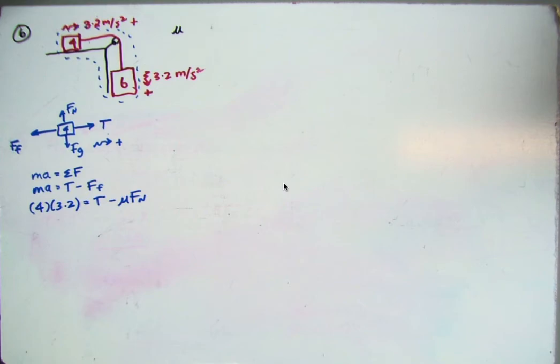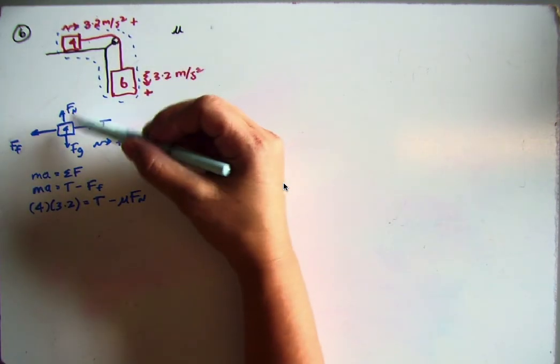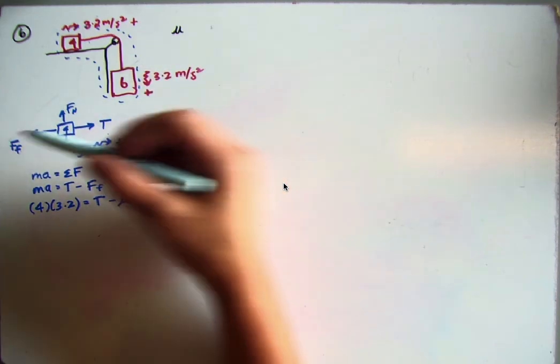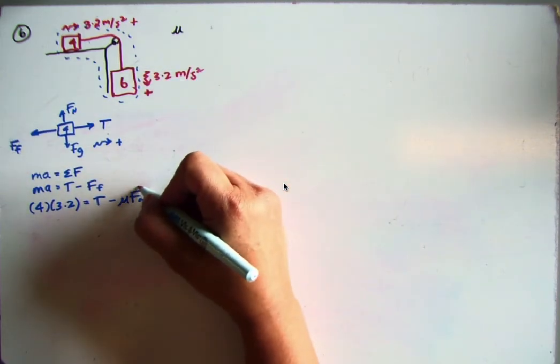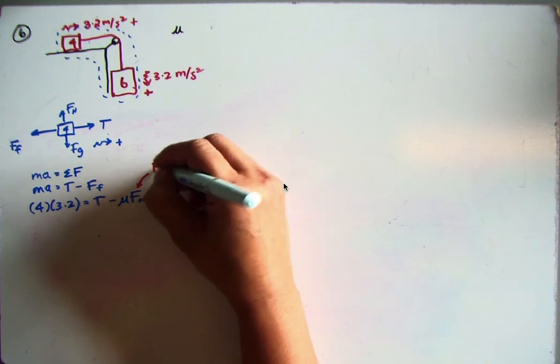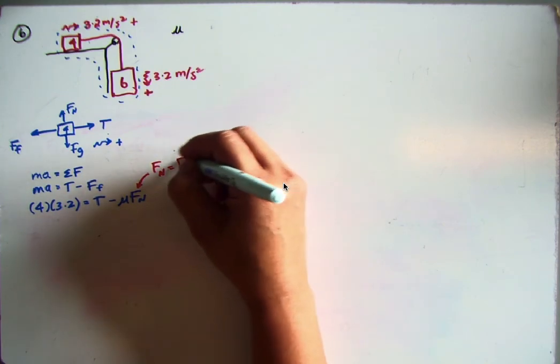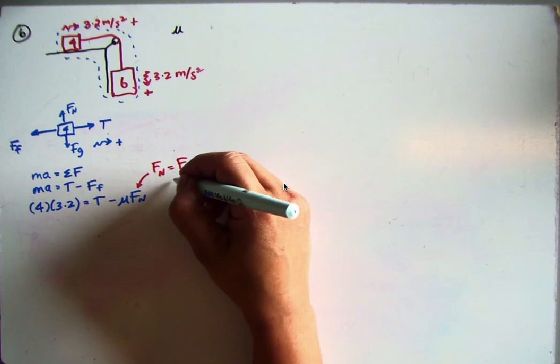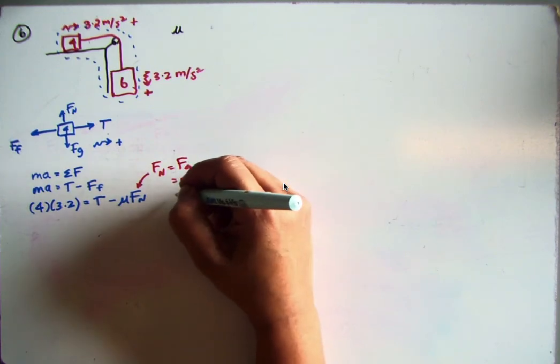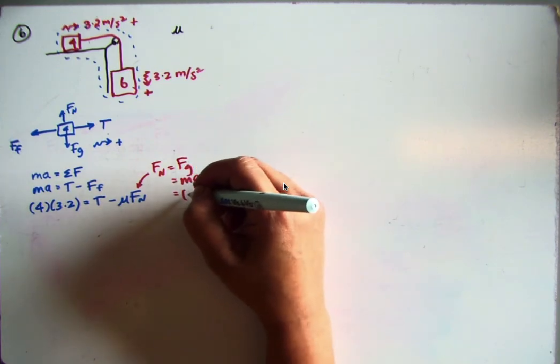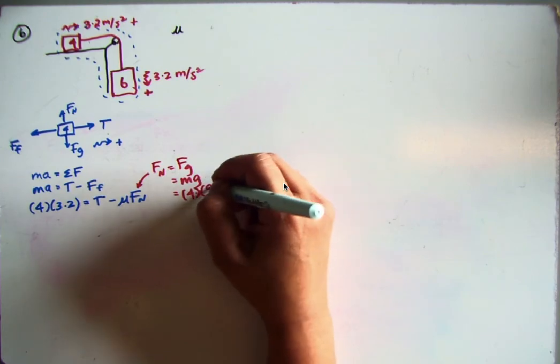Now what we remember, hopefully, from before is that since there's only these two forces acting, it's not accelerating in the vertical. That means Fn is equal to Fg. It's one of those special cases where Fn does equal Fg, which equals mg, which equals 4 times 9.8, right?